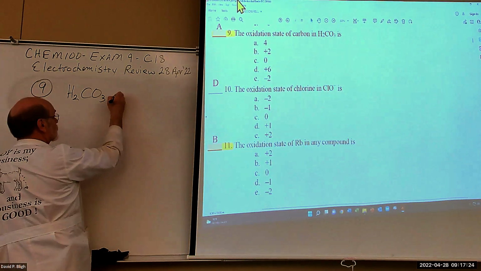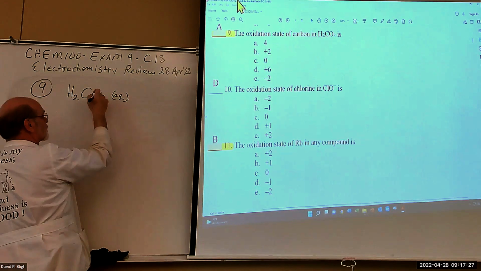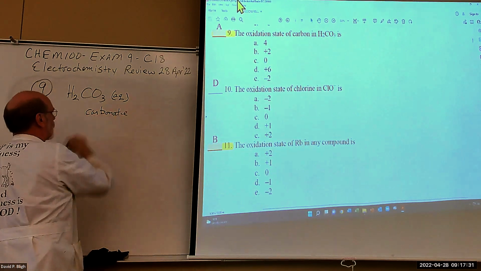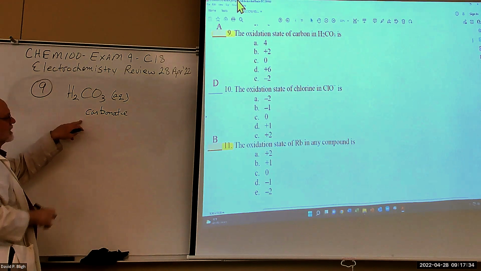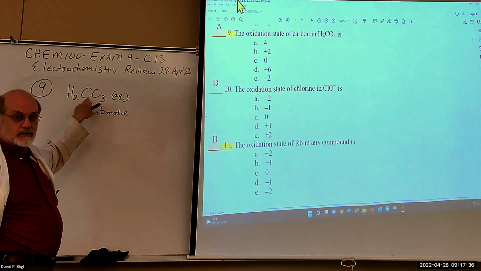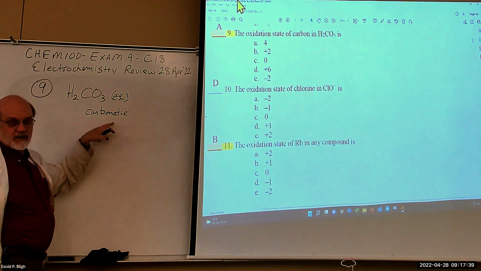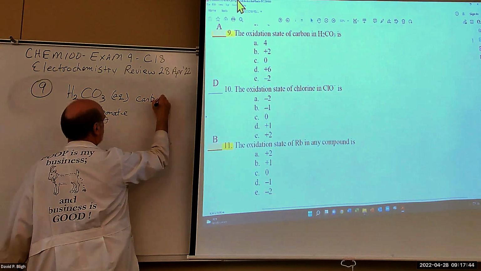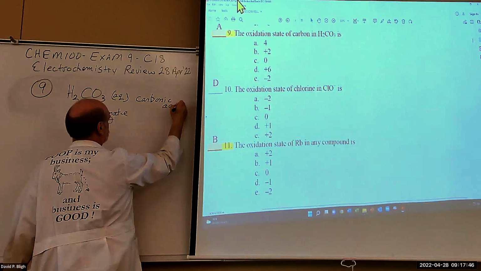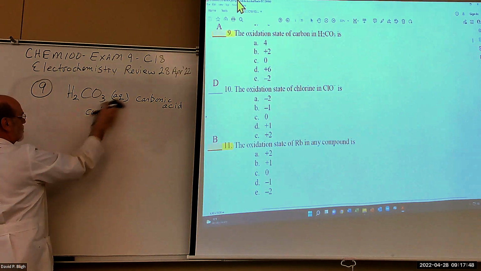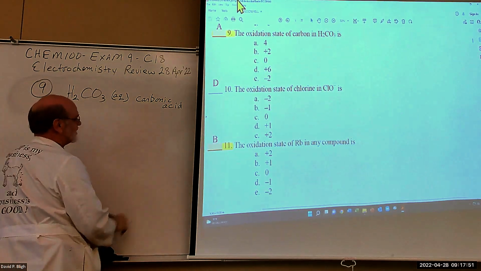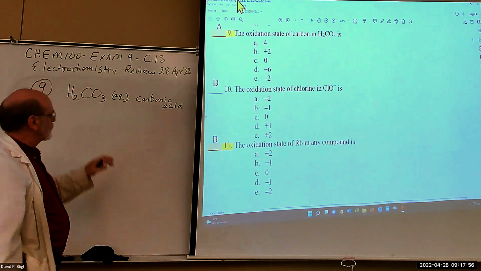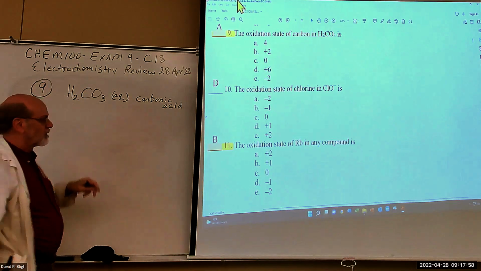So if this is an aqueous solution, and that's the carbonate ion, polyatomic ion, it's got oxygen in it, so we don't say hydro. So H becomes X. This would be carbonic acid. That's the same stuff that you'll find in pop. Dissolved carbon dioxide makes carbonic acid.